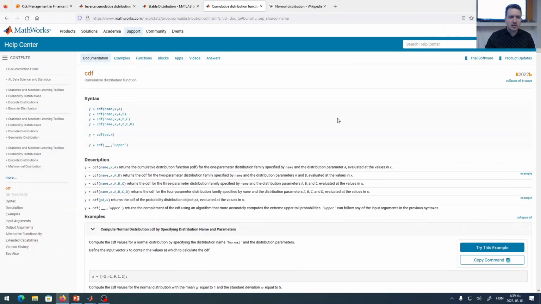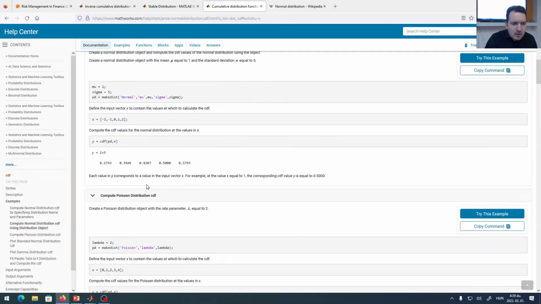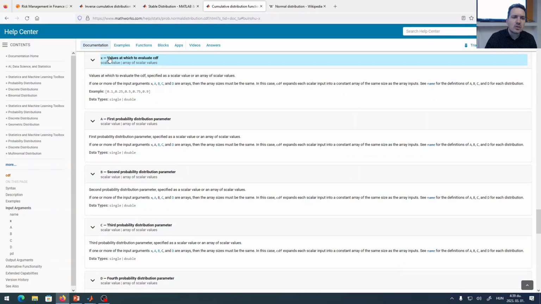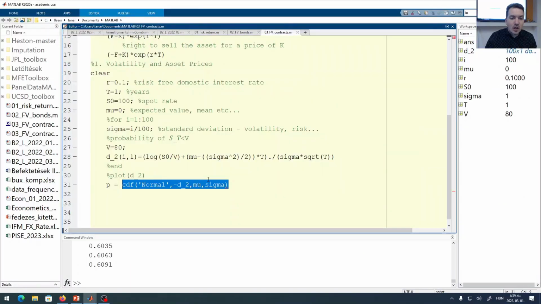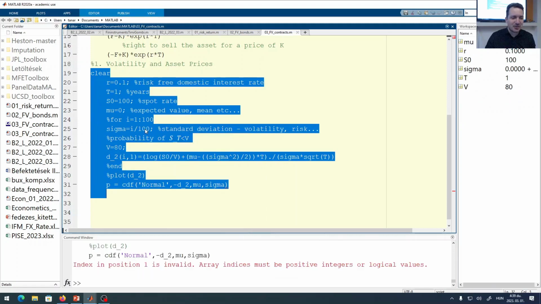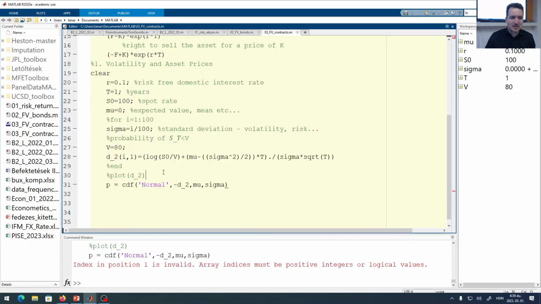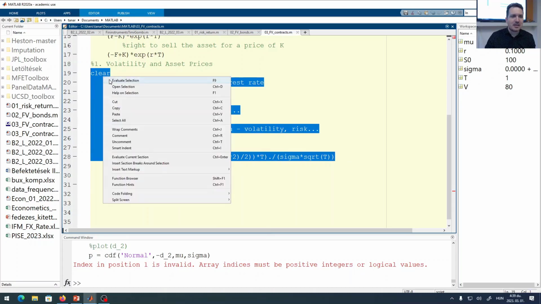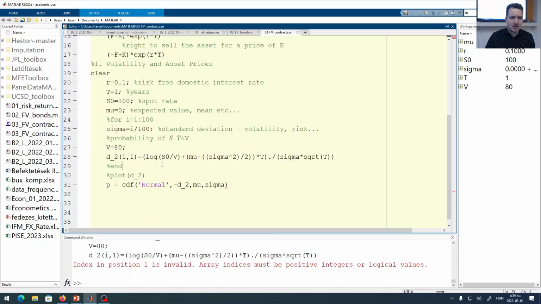Why? Yeah, oh, because I built up the D2 as a vector, sorry. Whole experiment. Yeah, I did not change this one back.